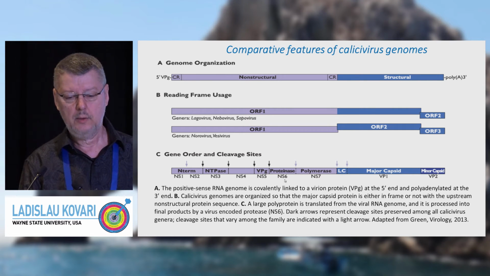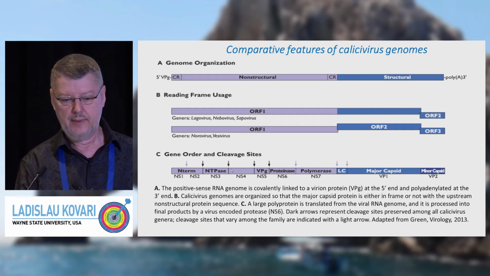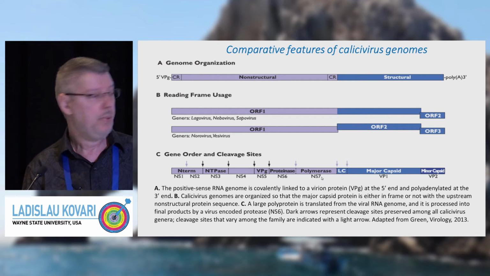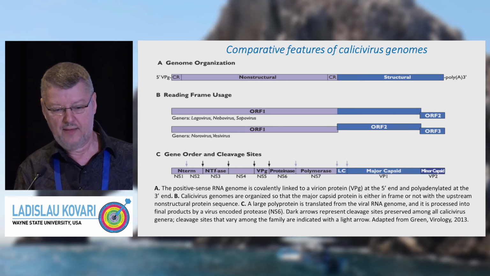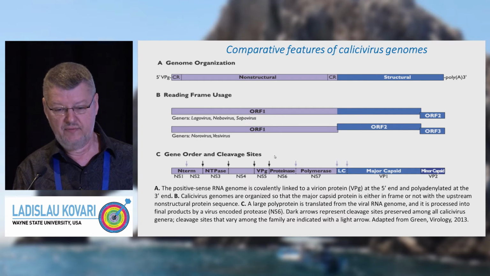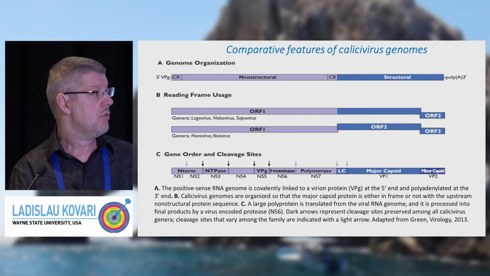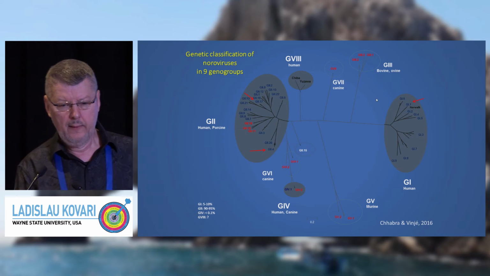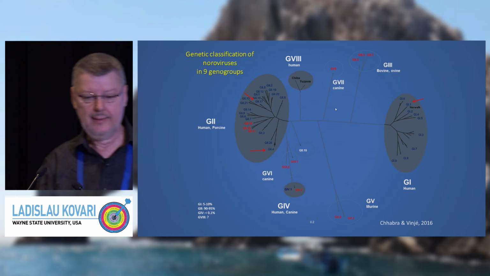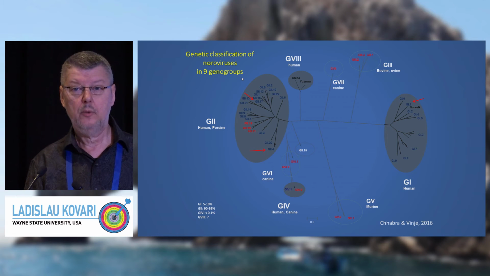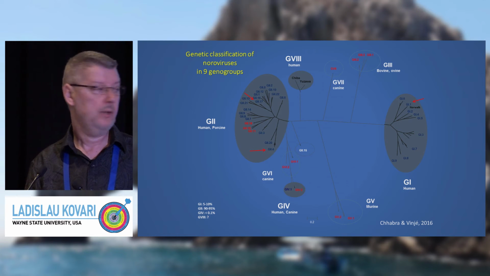We are focusing on the norovirus protease as a target, and since this enzyme and the polymerase are essential for the life cycle, the light arrows represent cleavage sites that occur in some of the caliciviruses, but the black arrows represent conserved cleavage sites across the calicivirus family. Very briefly regarding the classification of noroviruses, there are 9 genogroups, and each genogroup has genotypes.